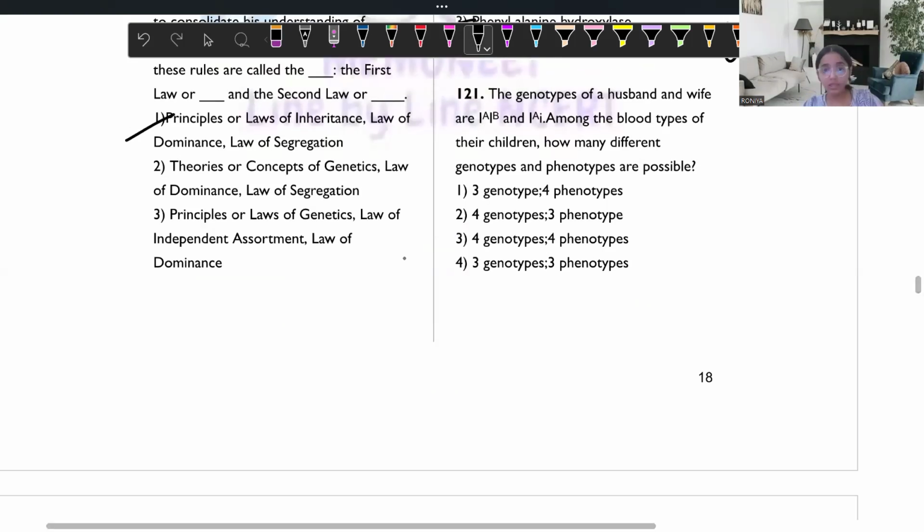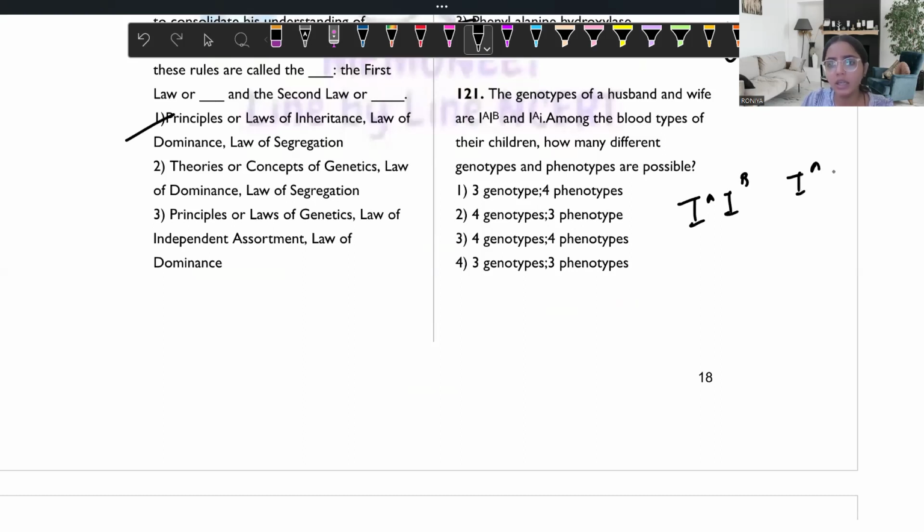The genotypes of a husband and wife are IA IB and IA i. Among the blood types of the children, how many different genotypes and phenotypes are present? Let us take IA IB and IA i.